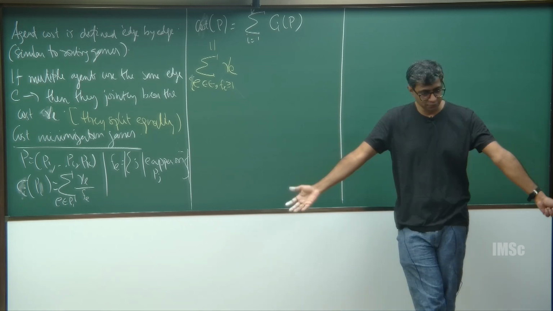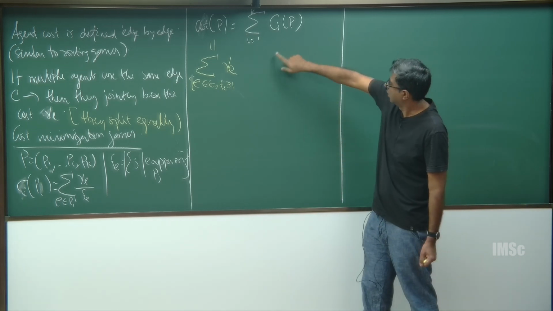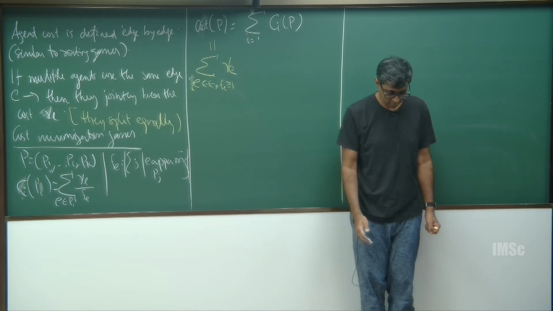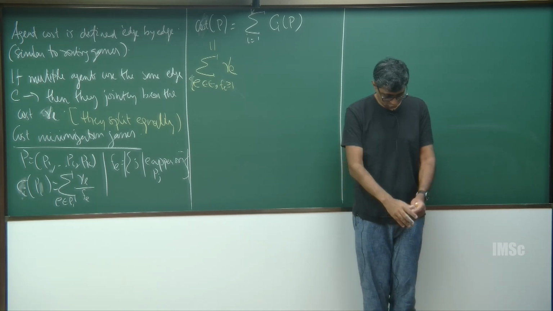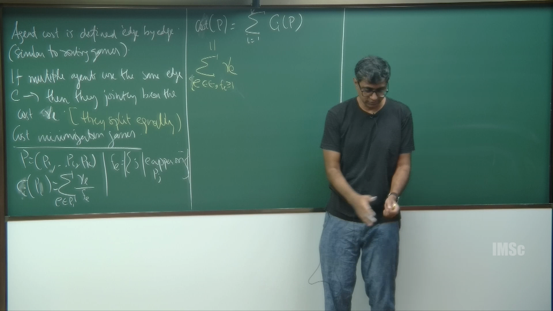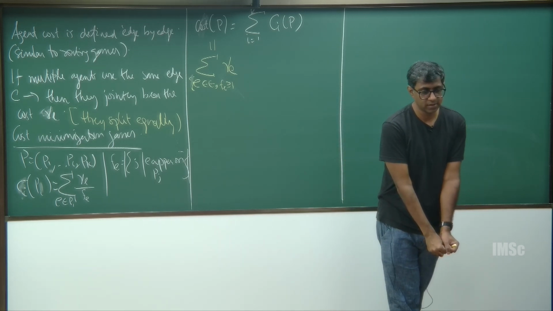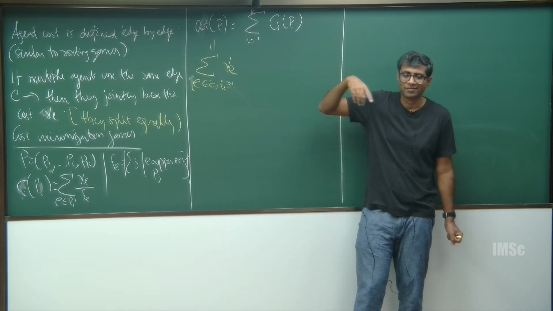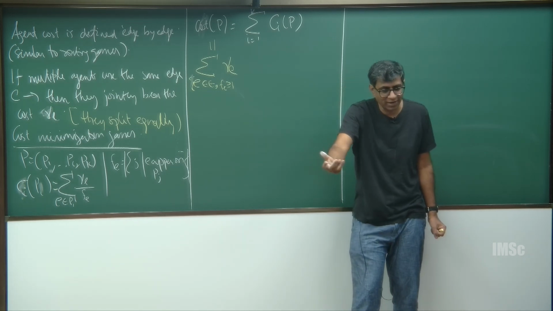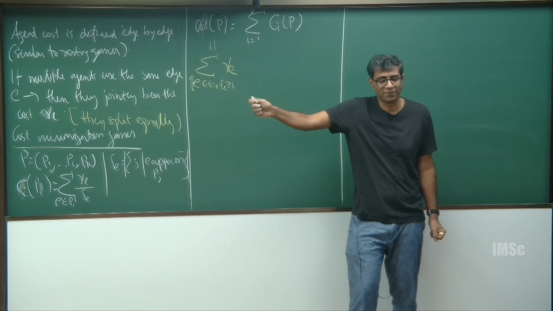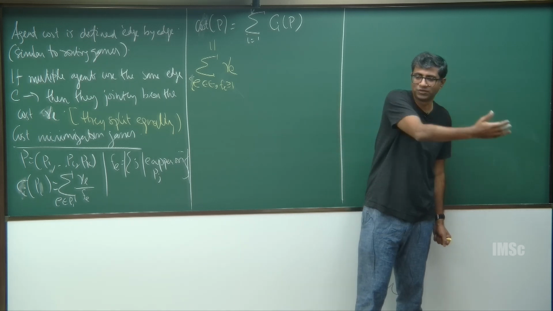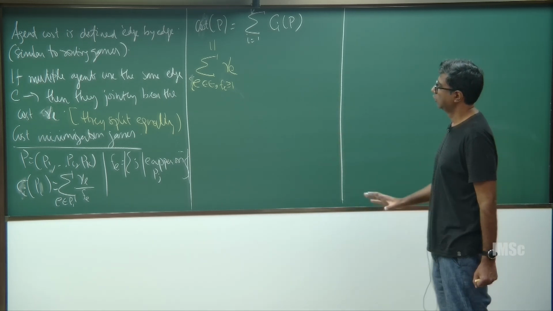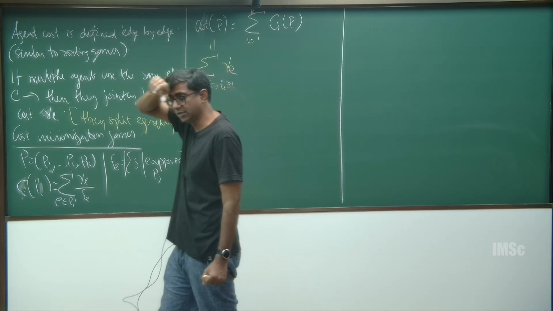If it is split among 5 people, then basically the point is, look at any edge occurring in this: the total cost is the sum of the costs of each of the edges. But if I define it this way, it is also fine, because if that edge occurs 5 times, then it is 1 by 5 counted 5 times. If it is used 3 times, 1/3, 1/3, 1/3, used 3 times. Good, so this is what the cost is.